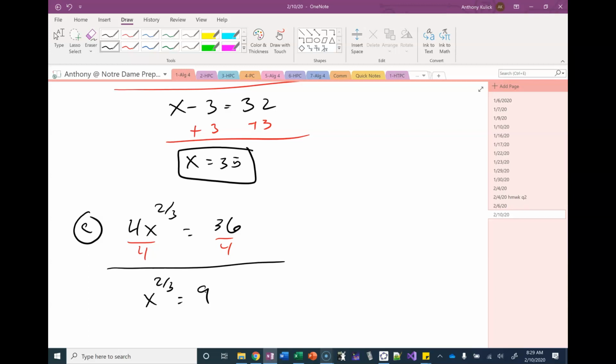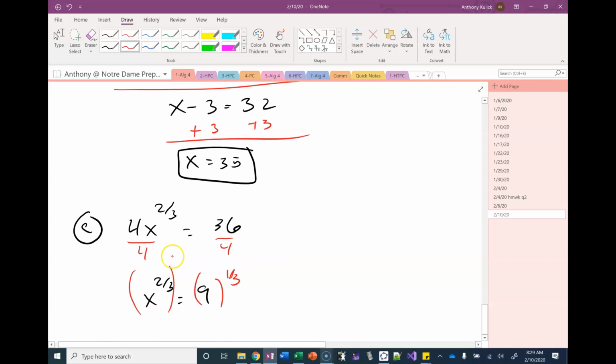Now I need to cancel out this exponent of 2/3. What's going to cancel out the exponent of 2/3? What exponent can I use to cancel out the exponent of 2/3? Well, remember if I do that, the exponents would multiply, and 1/3 times 2/3 doesn't cancel out.